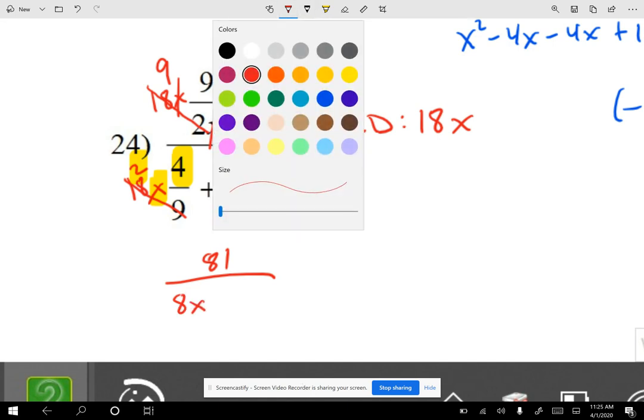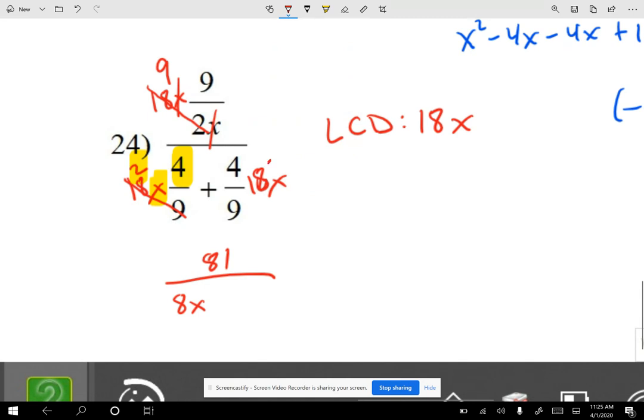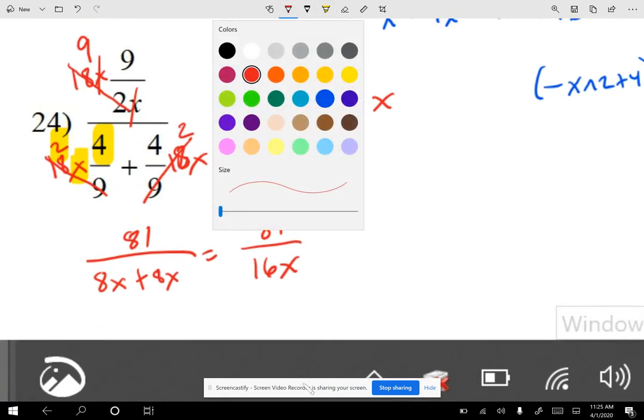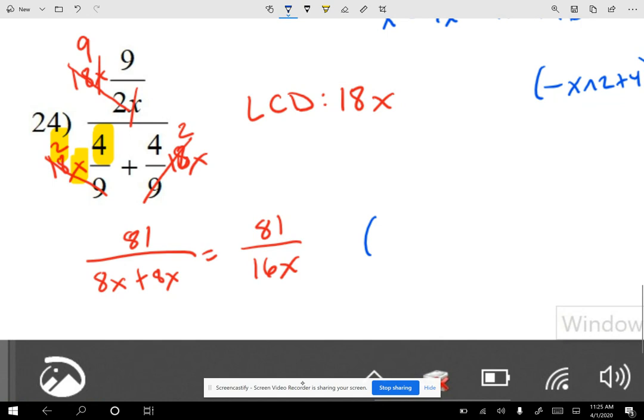On the second fraction, 18 divided by 9 is 2. So it's going to give me plus 8x. So I have that 81 over 16x. The way I will type it will be 81 over 16x.